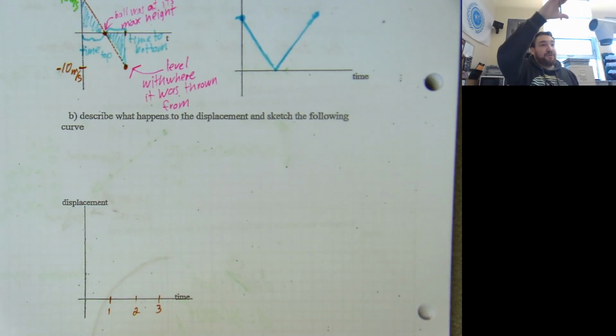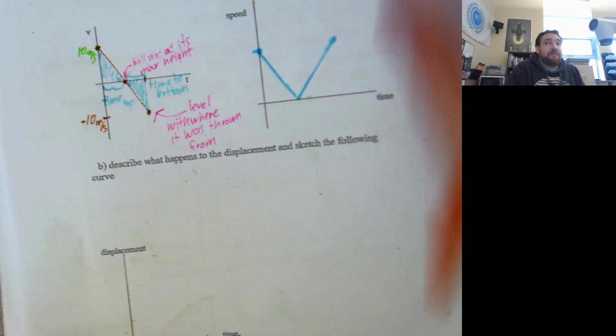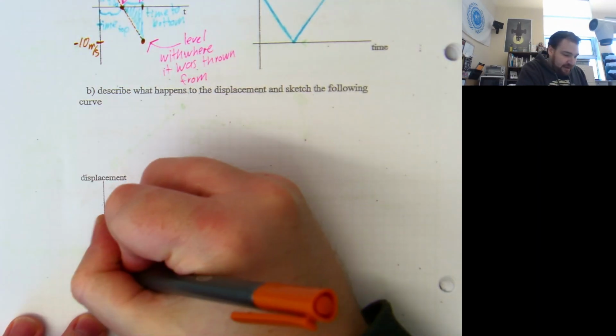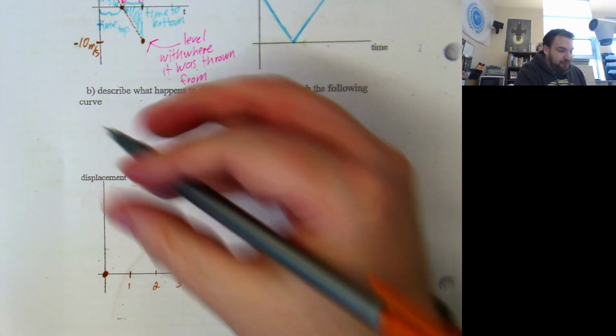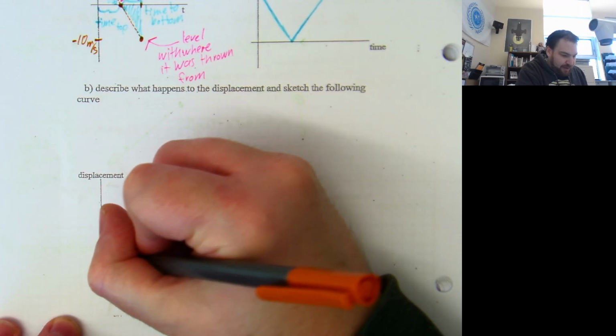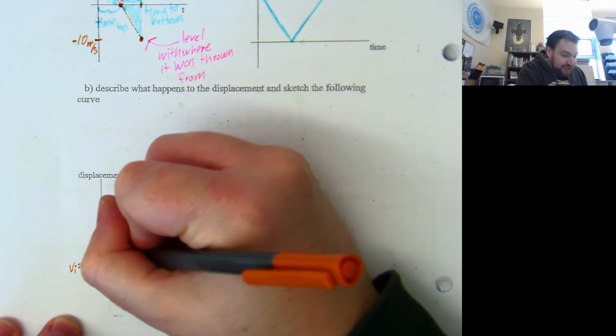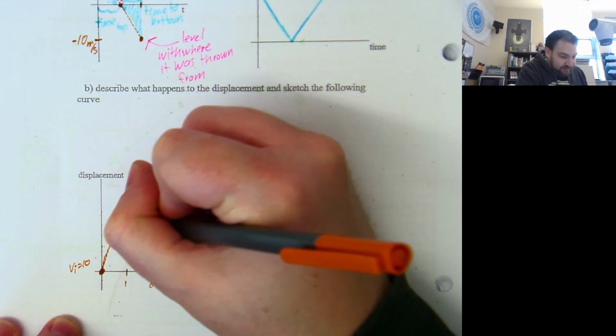For a ball that was dropped, it was just half the parabola, right? So for a ball that's thrown up into the air, what would you expect the graph to look like, Kai? If I dropped it and got just half of it, you'd expect it, for those of you who've done Math 11, you'd expect it to be a full parabola. And if you think about what happened, if I threw it up there, the ball was, if the VI was equal to 10, it had some initial upwards velocity.